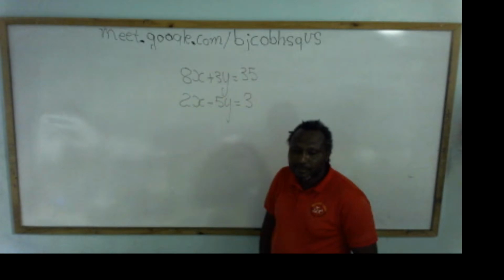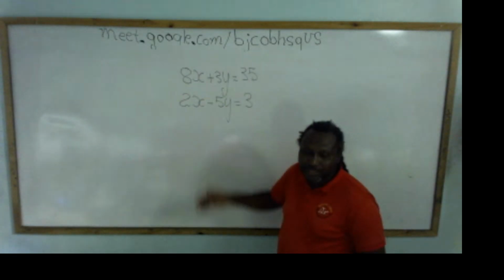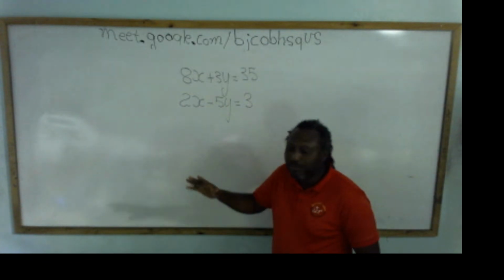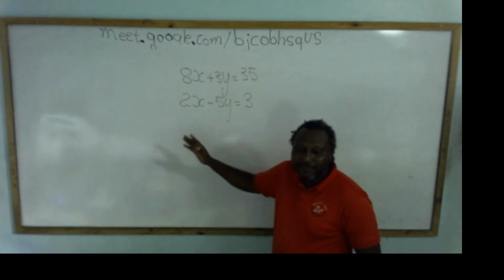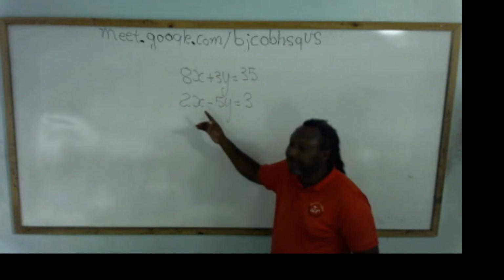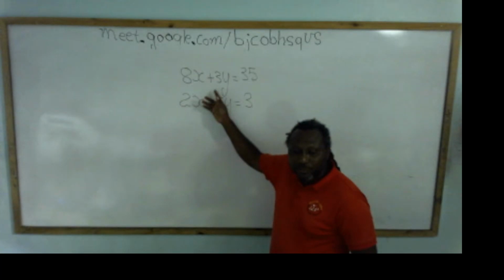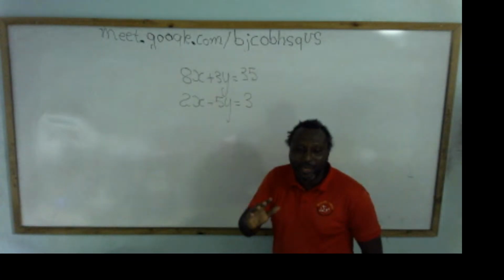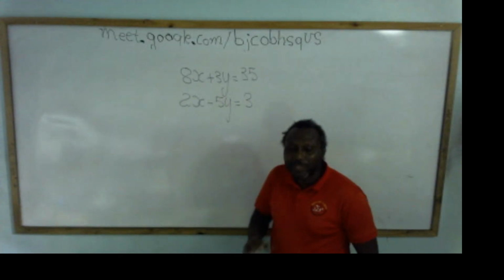In order to do that, we have to cause these two equations to interact with each other, because if at any stage we neglect one of them, then the solution will not reflect the requirements of both equations. So we'll have to cause these equations to interact in such a way that we get one equation with one unknown.